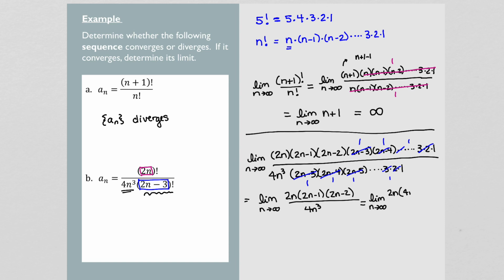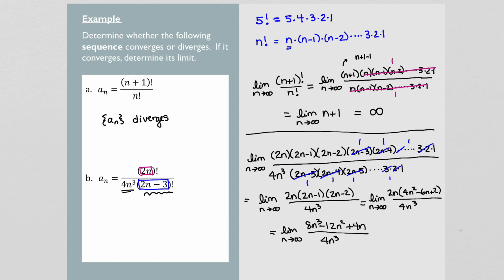What's that? 4n squared minus 6n plus 2 on top, times 2n, over 4n cubed. Is that what you're getting? If I multiplied it all the way through, I'd have the limit as n goes to infinity of 8n cubed minus 12n squared plus 4n, all over 4n cubed.